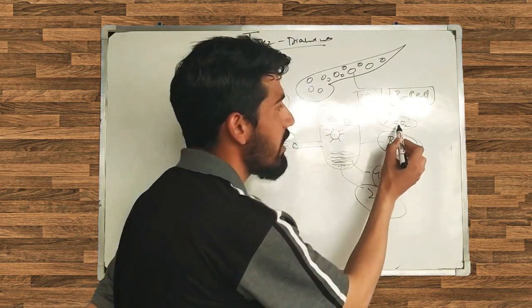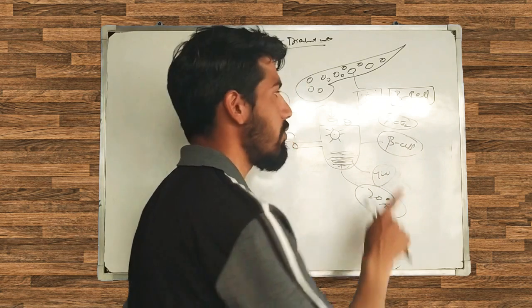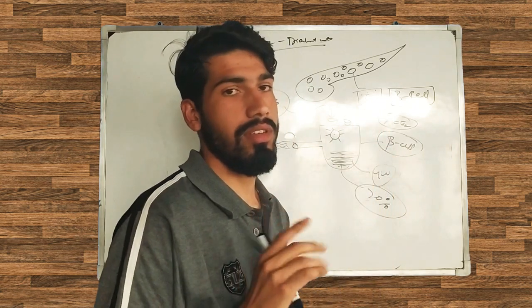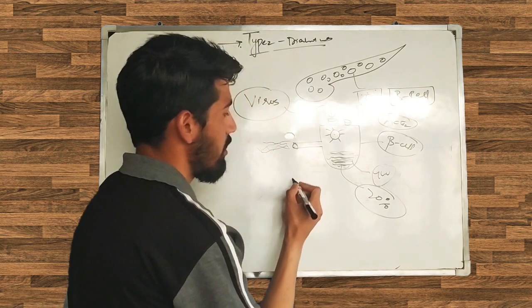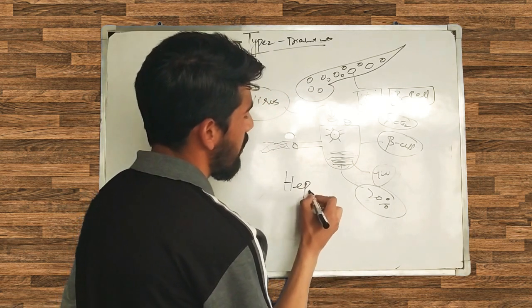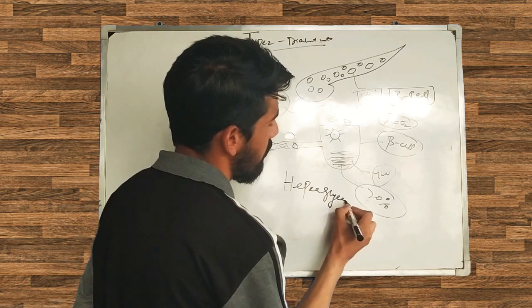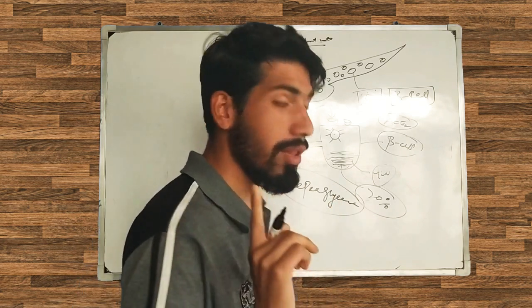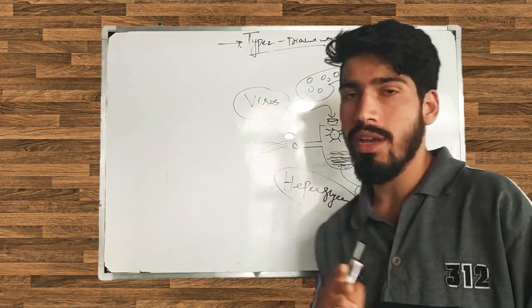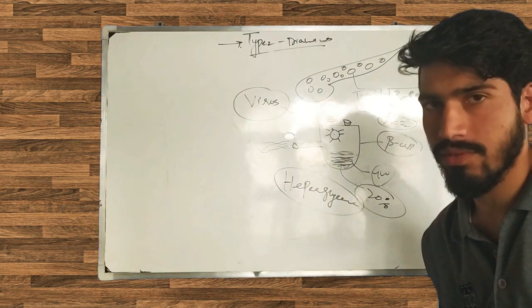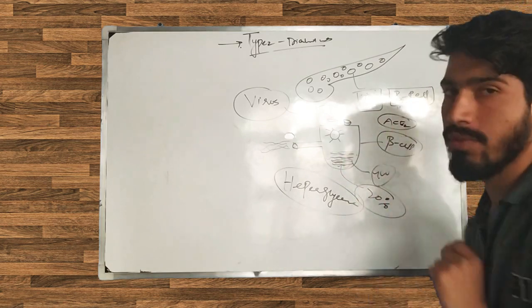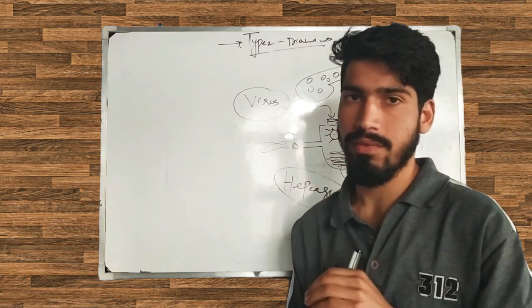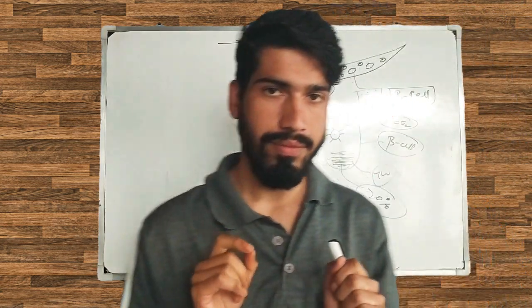Here the question arises: why are ACE2 receptors in large amount in diabetic patients? Because of hyperglycemia, the large amount of glucose; that's why these ACE2 receptors are present in diabetic patients. It's one thing.